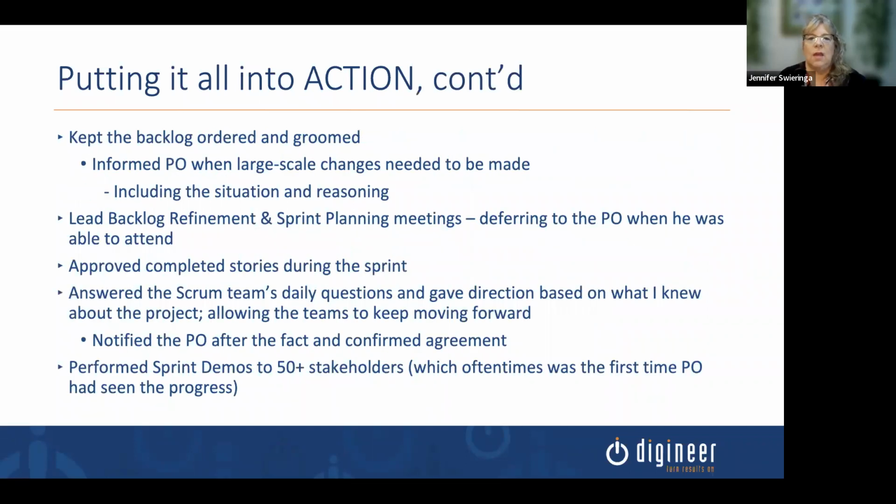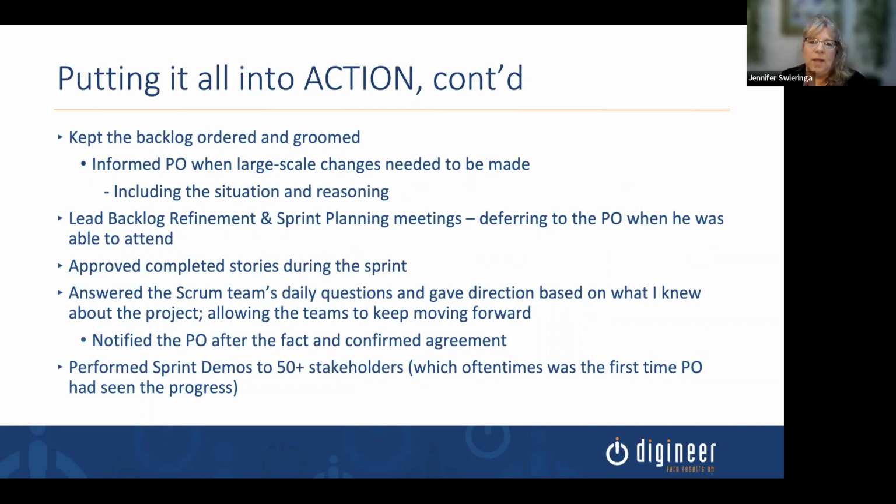Next, I kept the backlog ordered and groomed based on what I knew about the project. If there was a feature that we were blocked on, a story, whatever, I would inform the PO, let him know the situation, what was going on, why this happened, if I knew why it happened, just keeping him apprised.